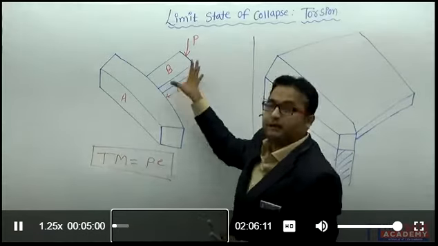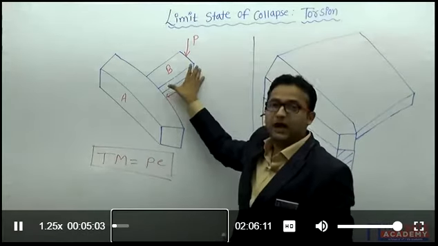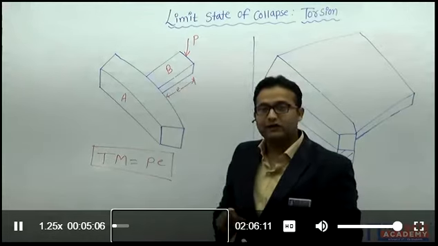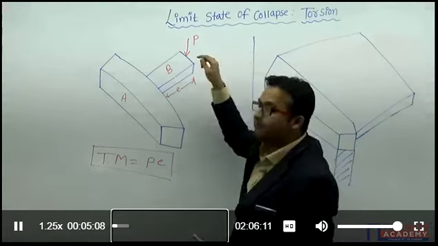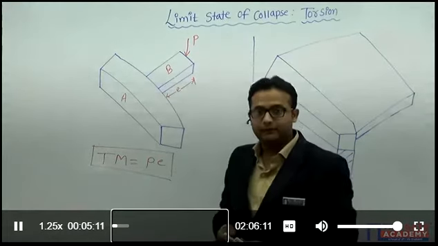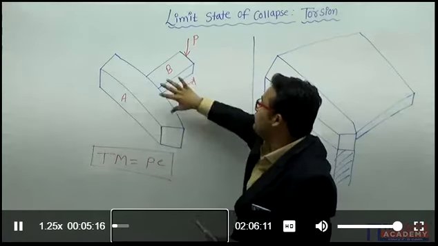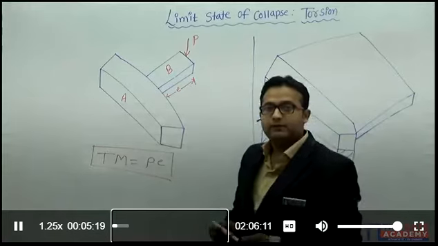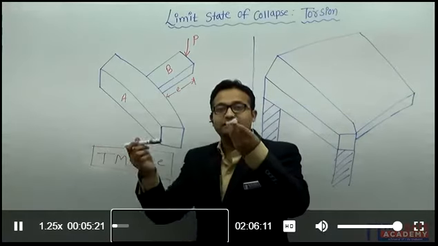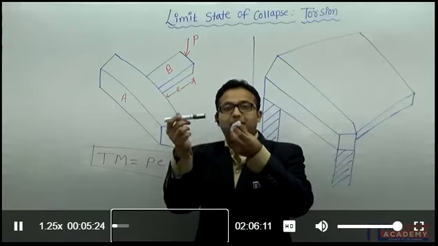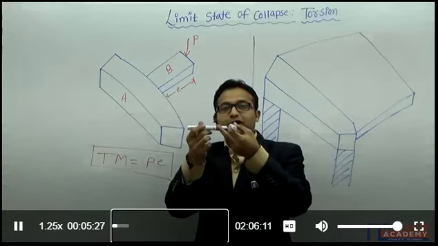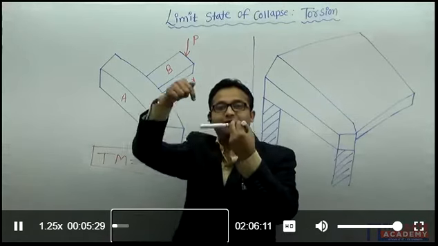The beam B will be designed for bending moment, for cantilever bending moment, because the beam B is getting the bending moment, right? But if I talk about the beam A, that means it will apply one torsional moment. If this is your main beam and this is suppose one more beam, lateral beam you have provided, and I will apply the load here.